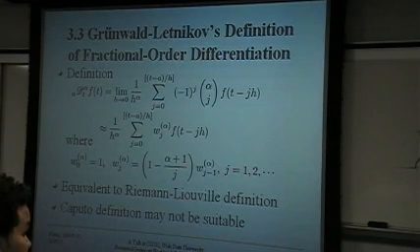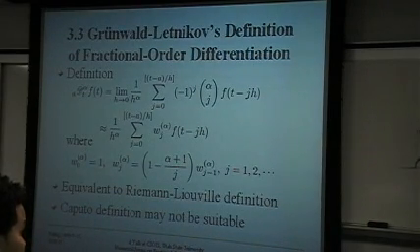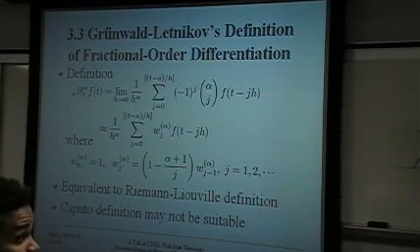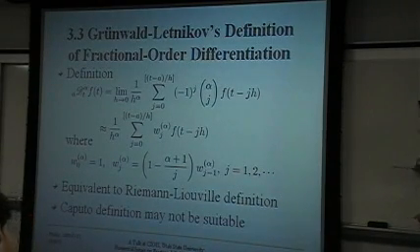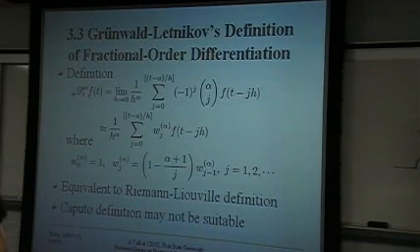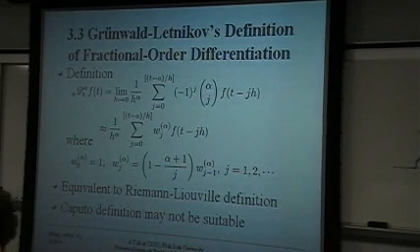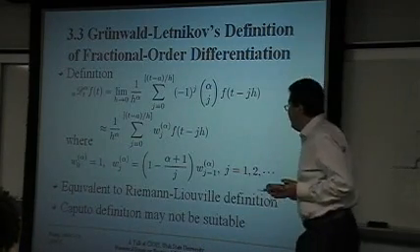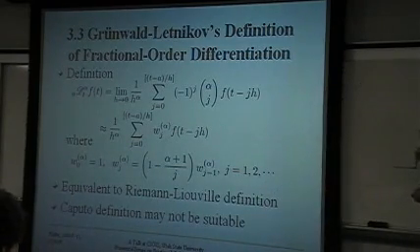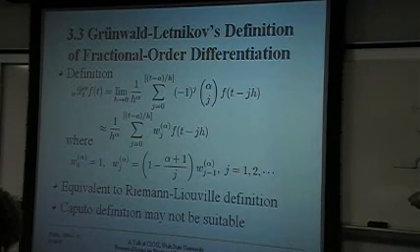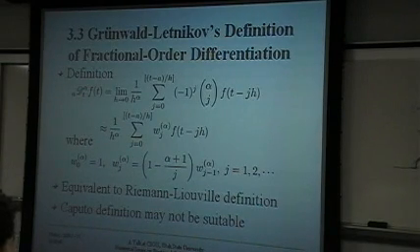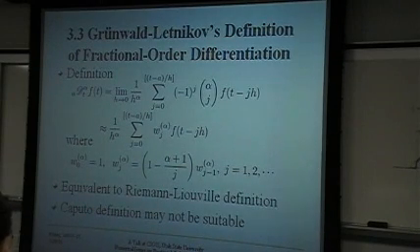Then if we take the Grünwald-Letnikov definition to the signal, it will regard the function value when t is smaller than 0 as 0. So there might be a gap here. However, if you are using the Caputo definition, you have to assume that for t smaller than 0, the function should be extended like this. So this might be the difference.